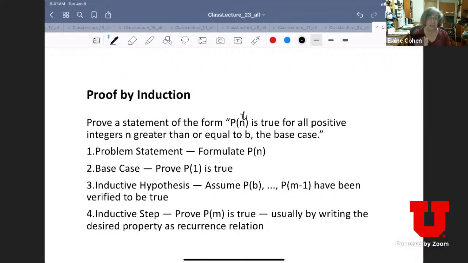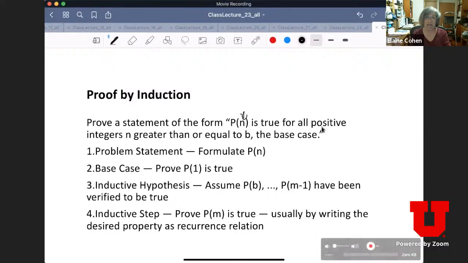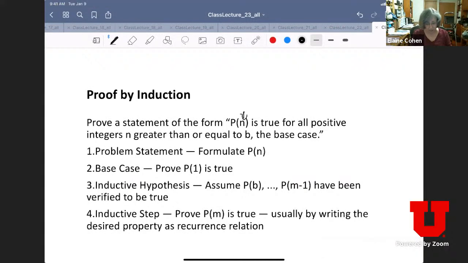In the case of graphs, we wrote it by saying, well, I can remove an edge, and then I have a graph that has one fewer edges. So I can apply the induction hypothesis, and then you add it back in, or you do something. Okay. So you have to create this and find the recurrence relation.